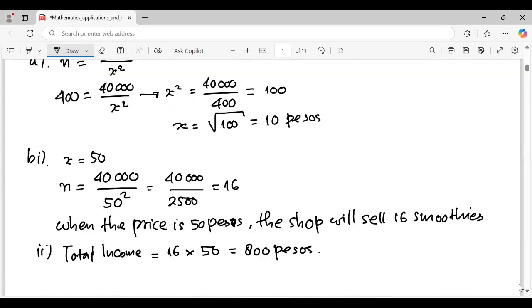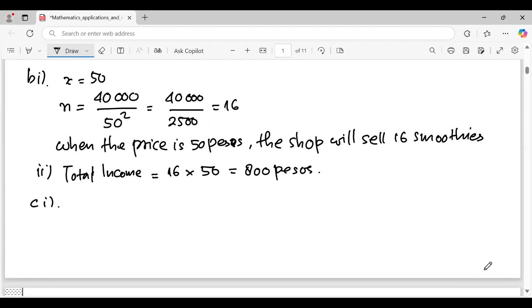Okay, C part one. The total income equals the number of smoothies times the price. It equals 40,000 over x. That is the equation for income.